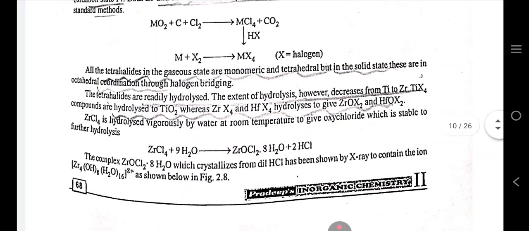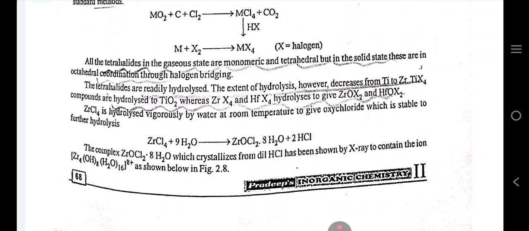All the tetrahalides in the gaseous state are monomeric and tetrahedral, but in the solid state, these are in octahedral coordination through halogen bridging. The tetrahalides are readily hydrolyzed. The extent of hydrolysis, however, decreases from Ti to Zr. TiX4 compounds are hydrolyzed to TiO2.